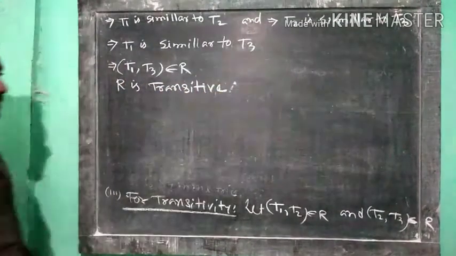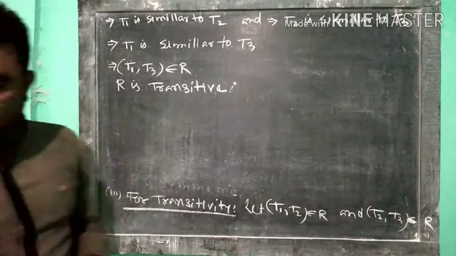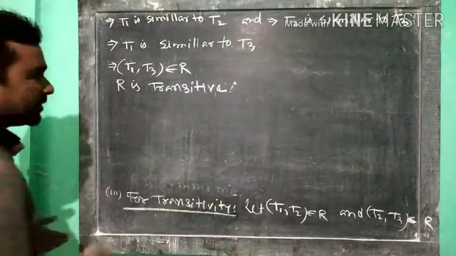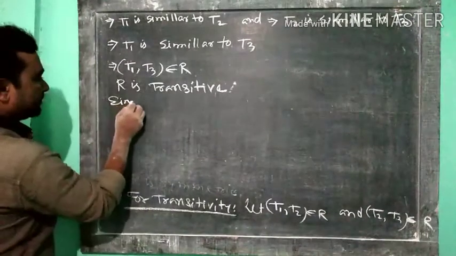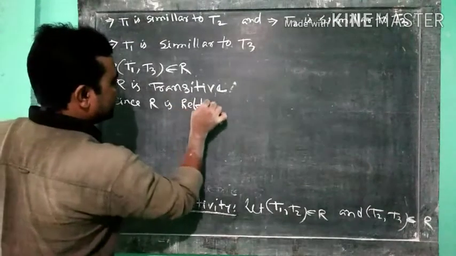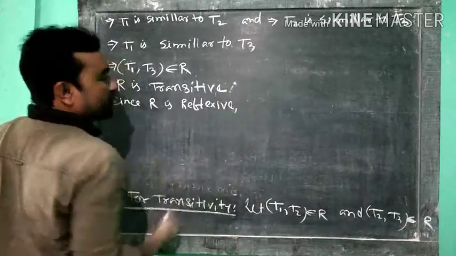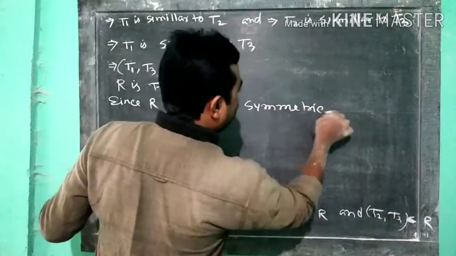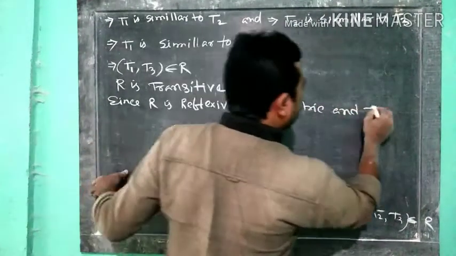So all the conditions of an equivalence relation are satisfied here, so we can say that R is an equivalence relation, since R is reflexive, symmetric and transitive.